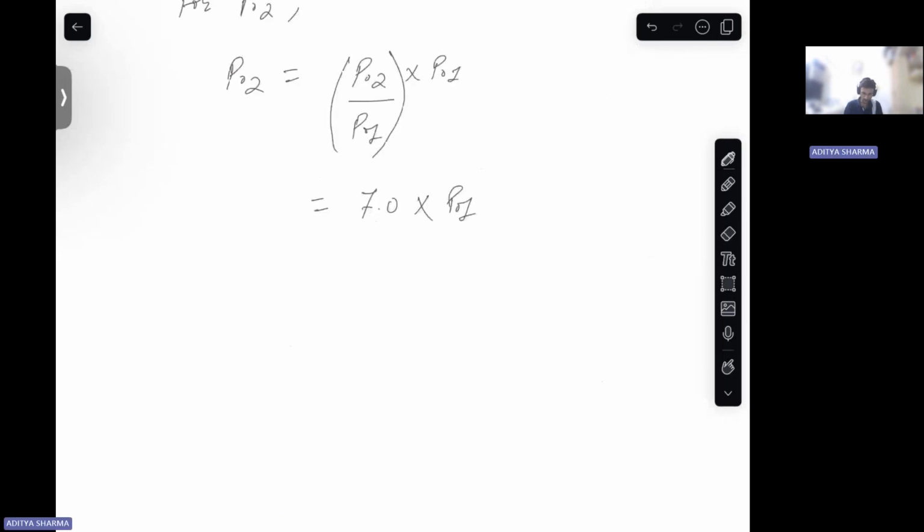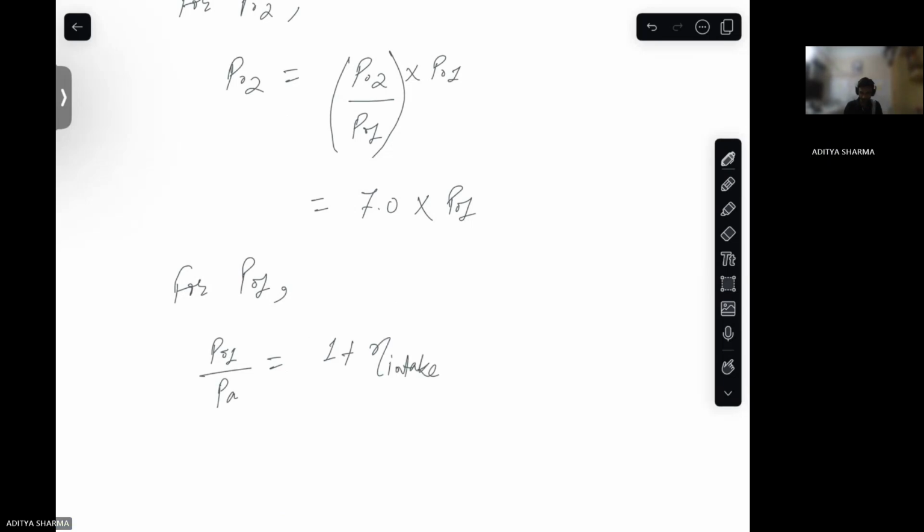So now to calculate for P01, P01 by Pa. This is the formula: 1 plus inlet Ca square, that is inlet velocity, by 2 Cpa Ta, to the power gamma a by gamma a minus 1.